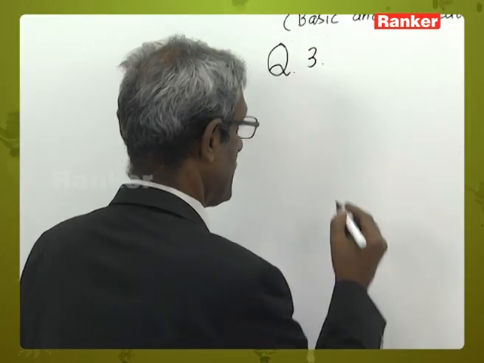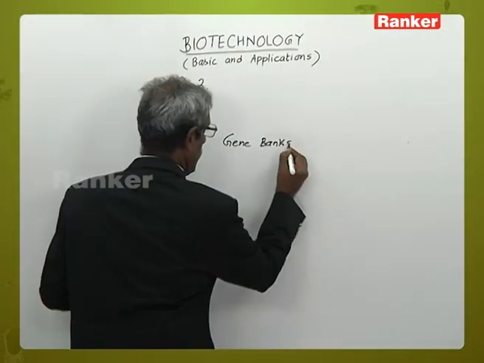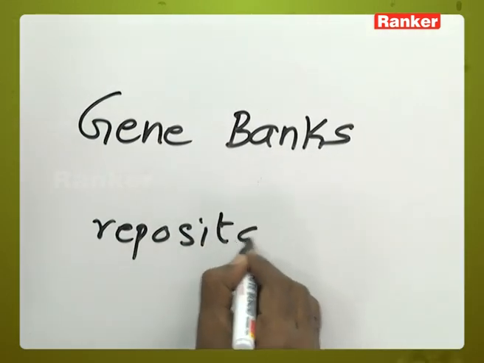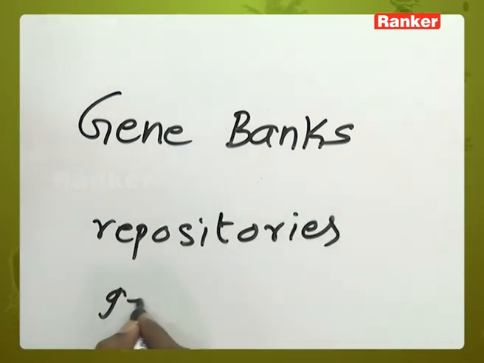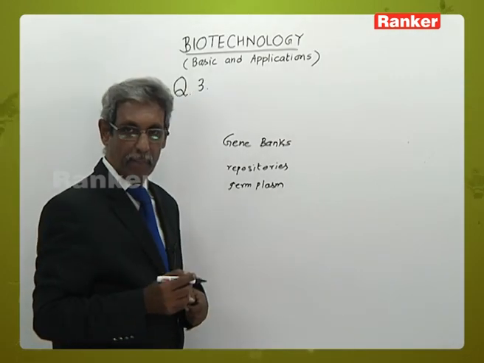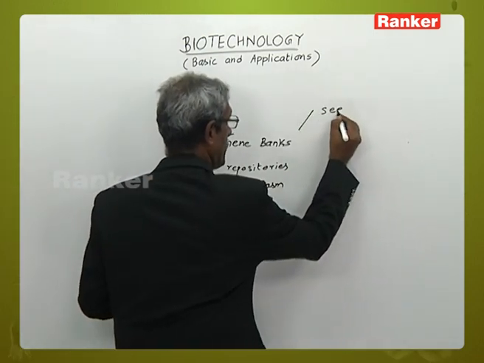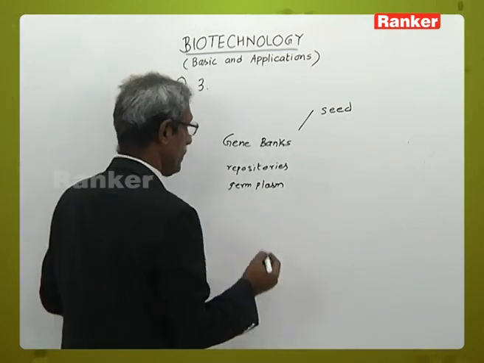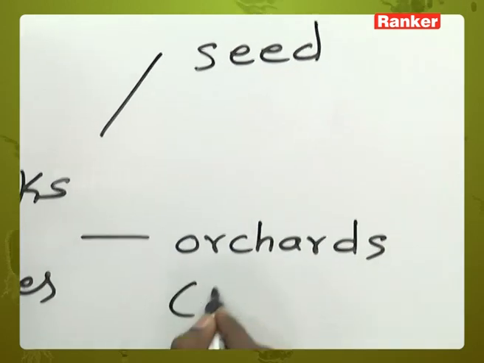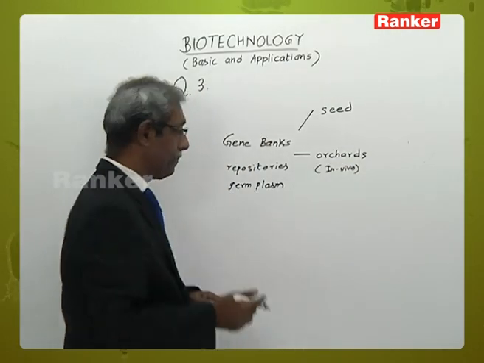Now, when you take gene banks, gene banks are repositories of germplasm. They are repositories of germplasm which can be preserved in the form of seeds, which go to form a seed bank, or it could also be preserved live, that is in vivo, in a botanical garden or a national park.